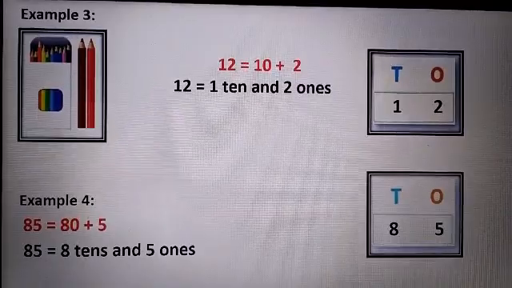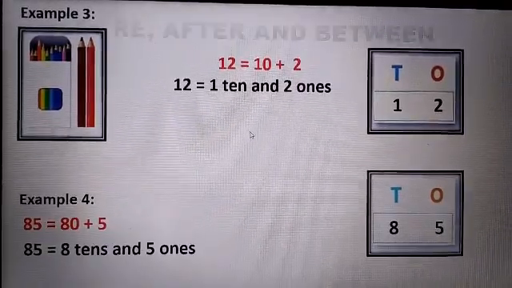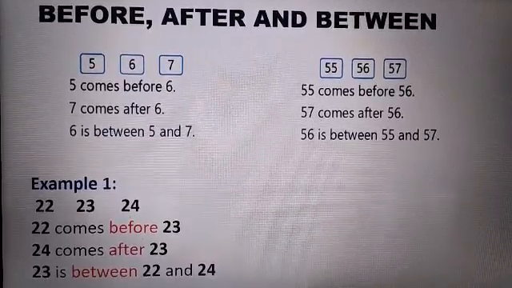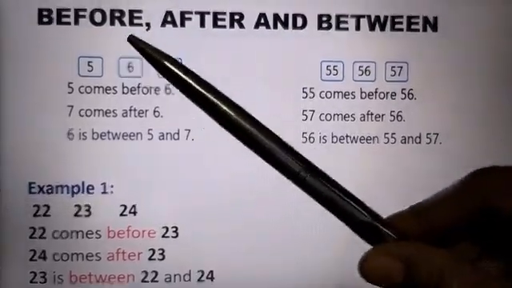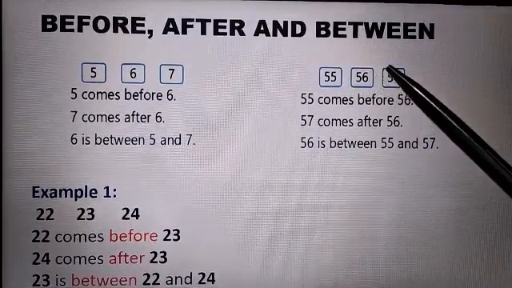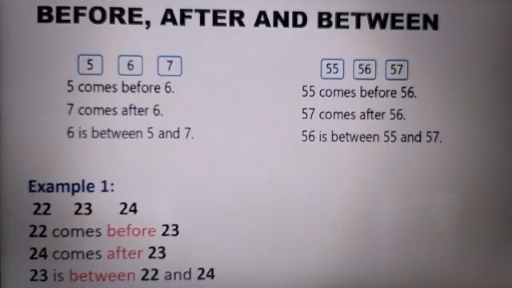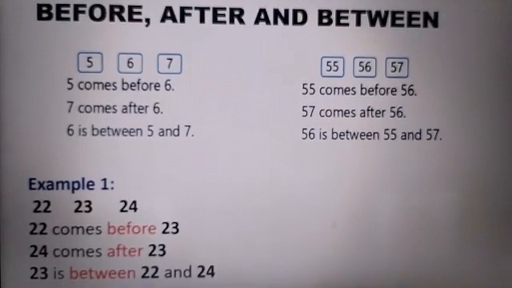Now let us see one more topic. You have already done this, but now we are going to do it with double digit numbers. Before, after, between. So 5, 6 and 7. Now 5 comes before 6, right?